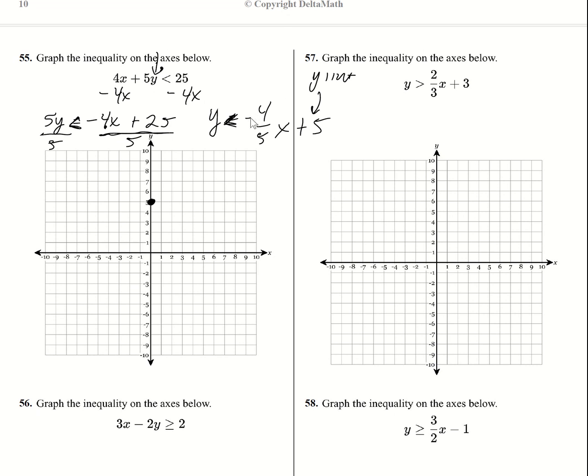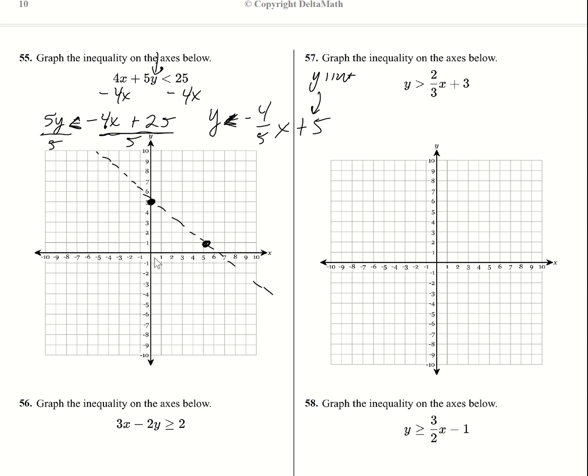And my slope is -4 over 5, so I'm going to go down 4, 1, 2, 3, 4, over 5. And that's going to be where my boundary line is. I'm going to make this a dashed line because, again, that line is not included in this function.